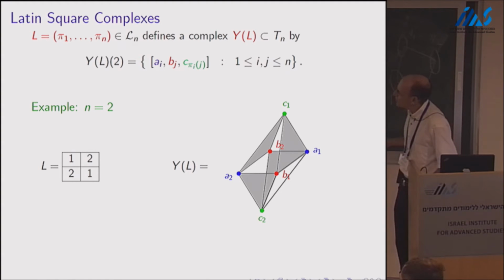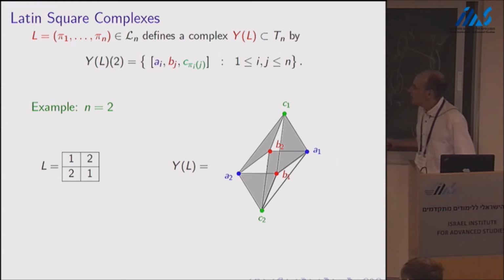These are just the indices of this place and this place. On the other hand, the color 2 tells us the neighbors of A2. The neighbors of A2 are 1, 2, so it's B1, C2, and C1, B2.